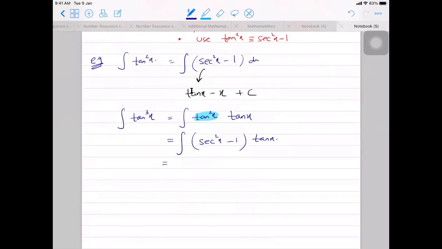So this gives you secant square x times tan x minus tan x dx. So far with me? Yes, sir. Okay, now I want you to think for some time and tell me, how do you plan on trying to integrate this function?